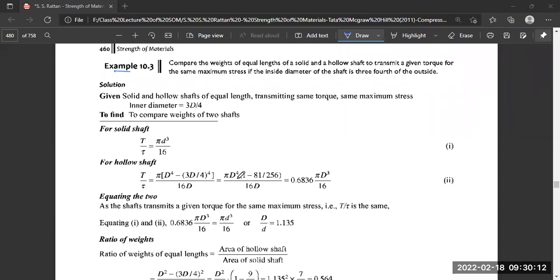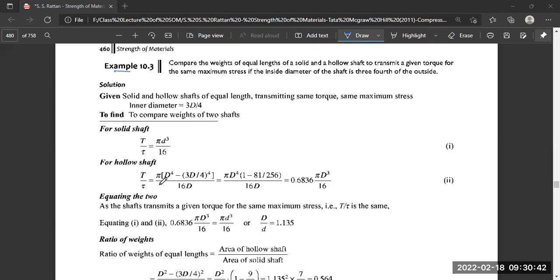This relation becomes pi D to the power 3 into (1 minus 81 by 256) divided by 16. On further subtraction, it becomes 0.6836 multiplied by pi D to the power 3 divided by 16. So the torque transmitted and the shear stress are the same for both cases because we have the maximum shear stress and are transmitting the same torque.